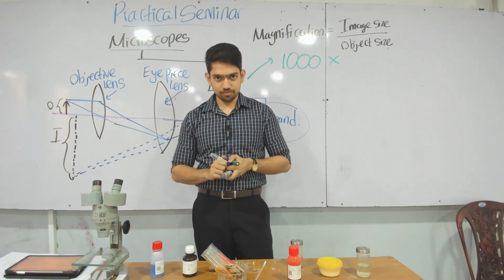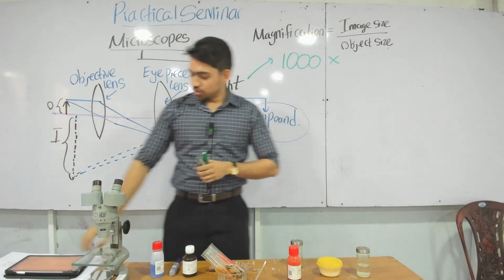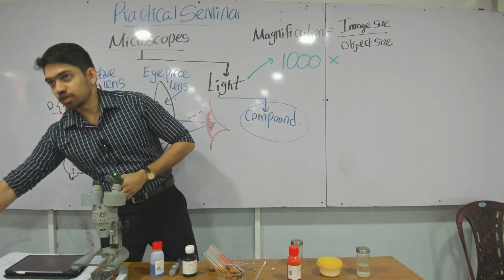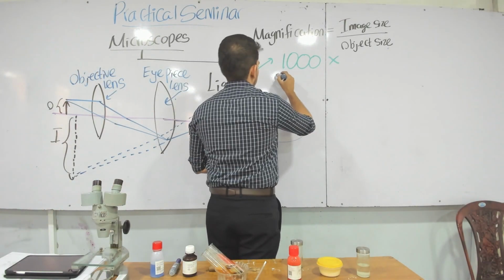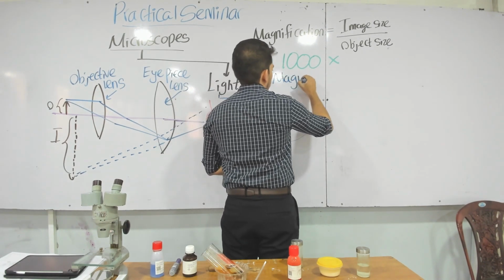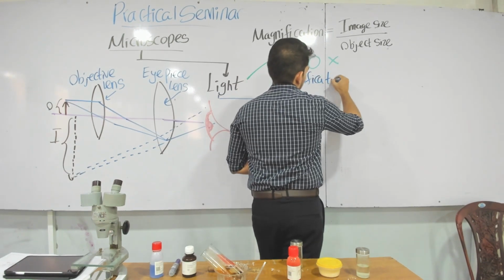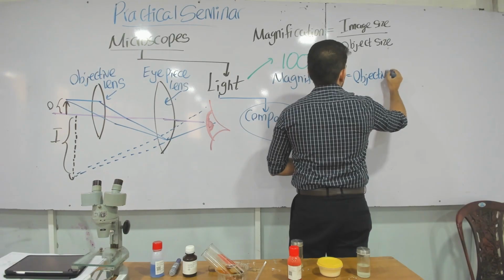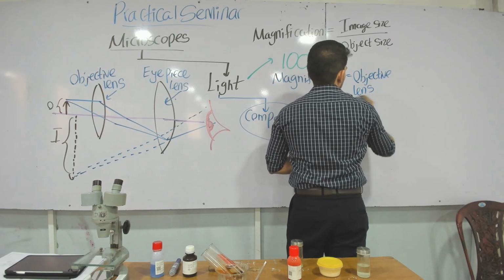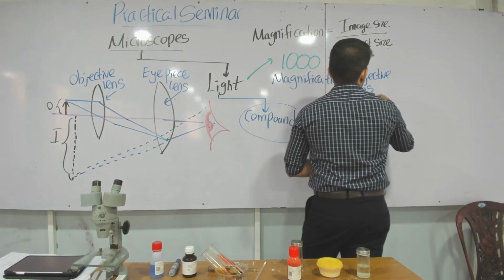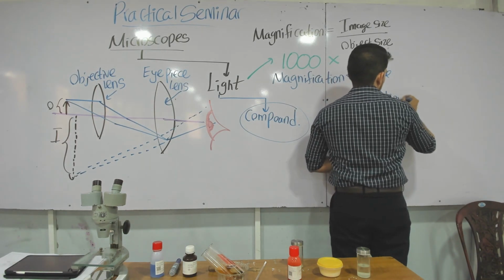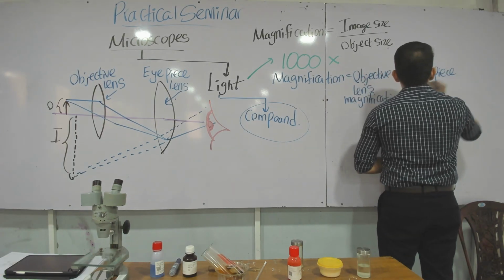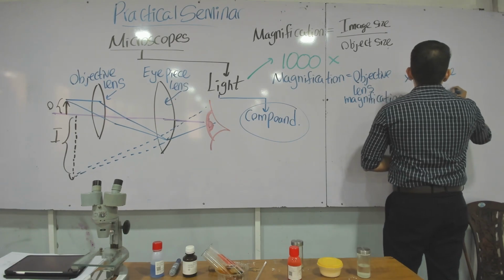Clear? So if you take a compound light microscope, you can write another equation. Magnification is also equal to objective lens magnification multiplied by eyepiece lens magnification.